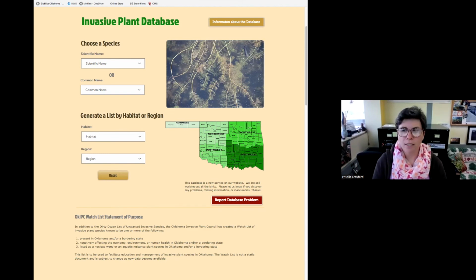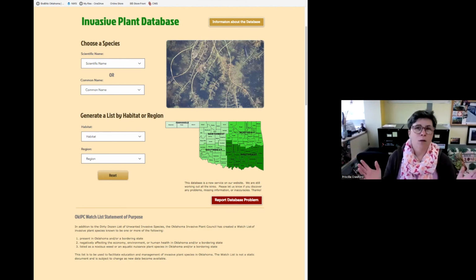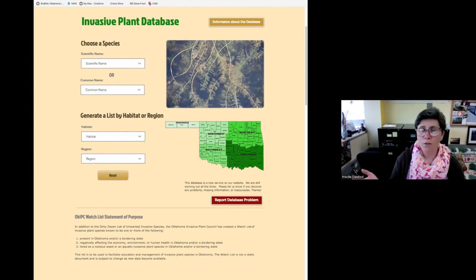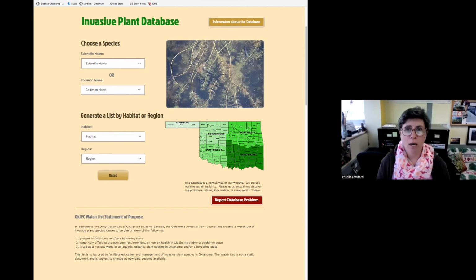The dirty dozen, maybe this wasn't clear. The dirty dozen were 13 plants that are a terrible problem within the state of Oklahoma. They are already a terrible problem. We just came up with this list. There was some science involved, but the board sat around and asked, what do you think is the worst species within Oklahoma? We came up with a list and narrowed it down to the dozen because that was a clever number to put on a poster.